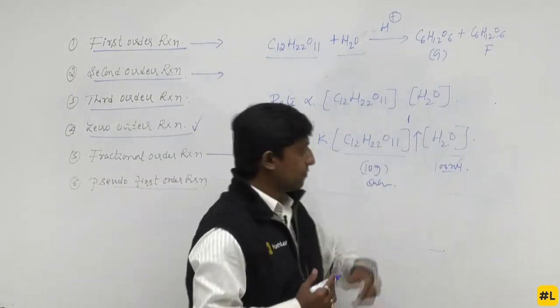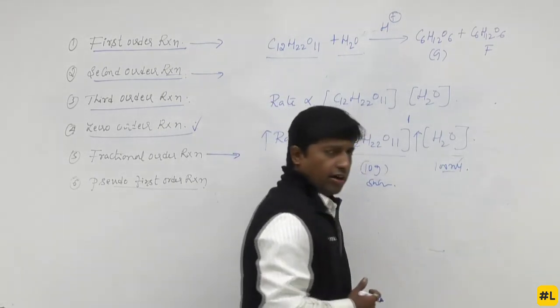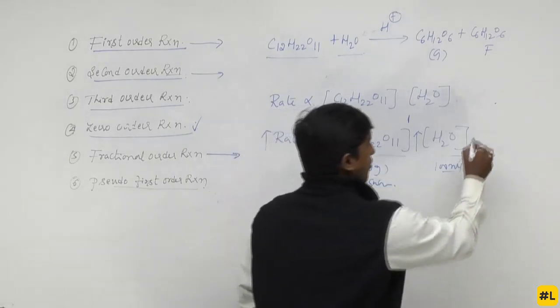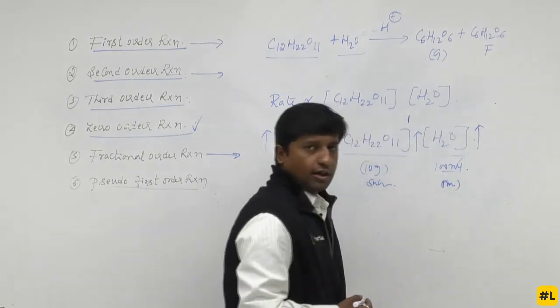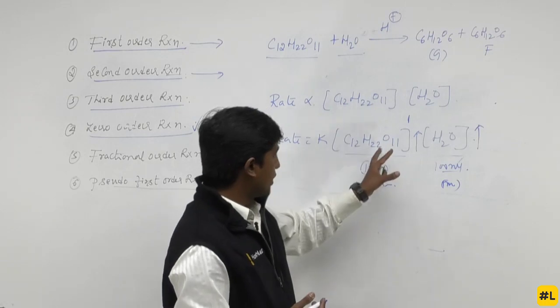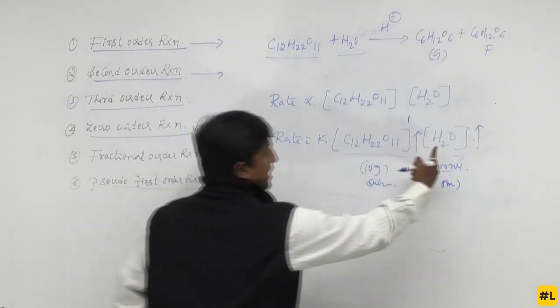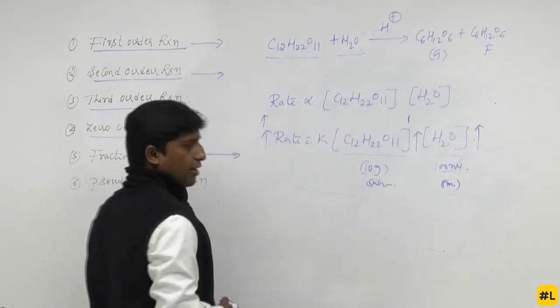Now I take water. I have taken say around 100 ml of water. Now to this 100 ml of water, I am going to add another 1 ml of water extra. 1 ml of water is added to this reaction mixture which contains sucrose and water. When I increase the concentration of water by 1 unit, the rate increases by 1 unit.